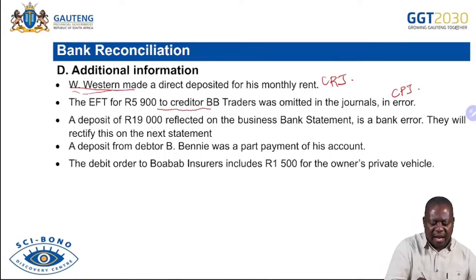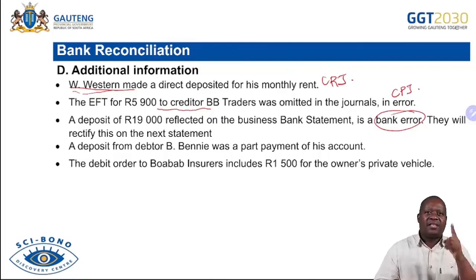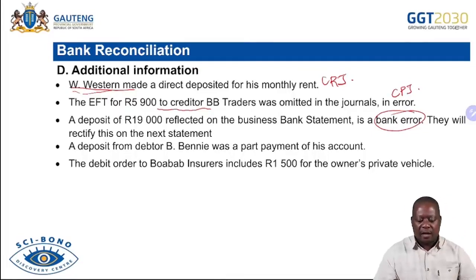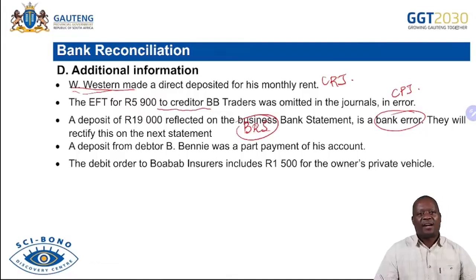A deposit for 19,000 reflected on the business bank statement is a bank error. The minute they say it's a bank error, it means it must be corrected by the bank. They will rectify this on the next statement. So it means for now, we are going to take this to our bank reconciliation statement.